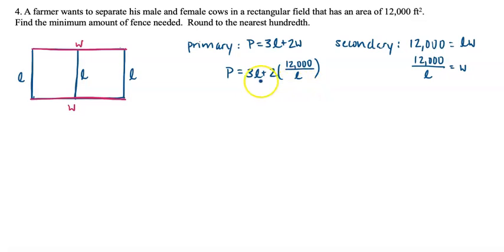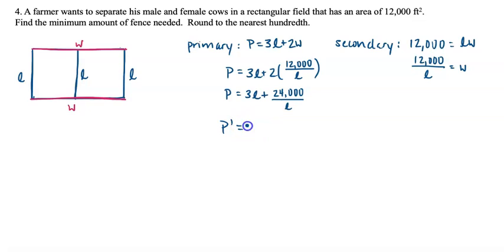Just like in the last problem, we're going to want to simplify this before taking the derivative. It's just a whole lot easier that way. So we get that the primary equation is 3L plus, okay, we get 2 times 12,000, so that's 24,000 divided by L. Next, because now we have an equation in one variable, we can just take the derivative of this primary equation.